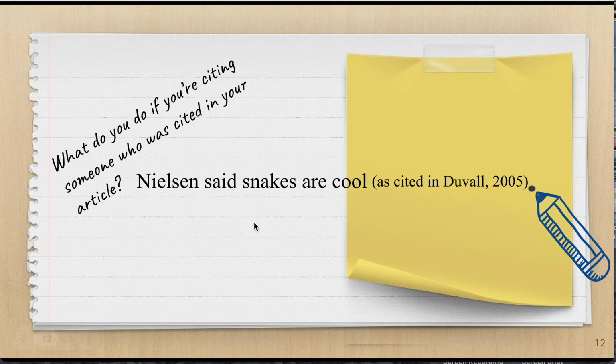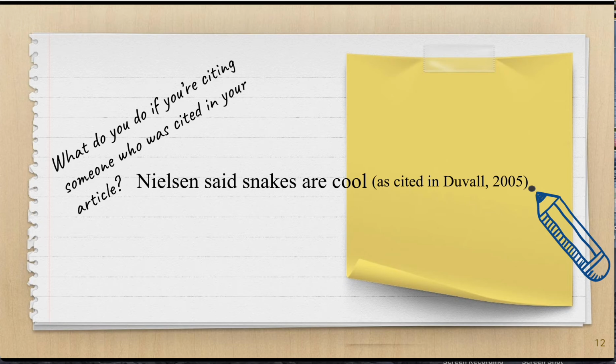Okay, so it was him that did that. Okay, so it's easier often to put his name here and then the paraphrase, okay? But then you say, as cited in Duval, then the year, okay? So this is the normal part here, but you put as cited in to let me know it wasn't Duval who said it, but it was somebody who talked to Duval who said it.